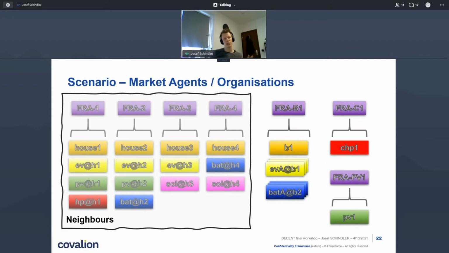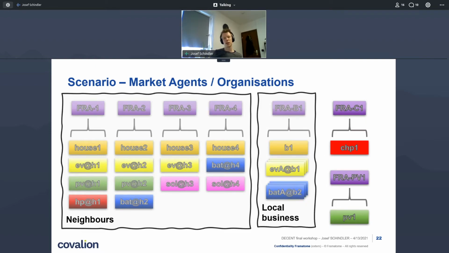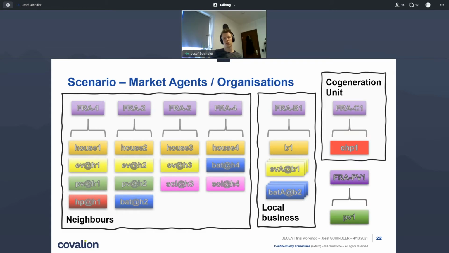These are always houses with different additional entities, for example EVs or PV plants. Next, we have a local business, which contains several electric vehicle charging stations and batteries. Also, a cogeneration unit and a community PV plant are installed.